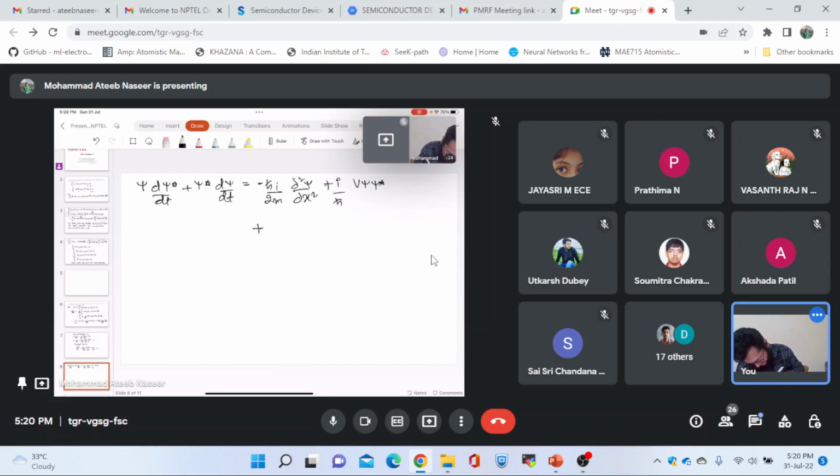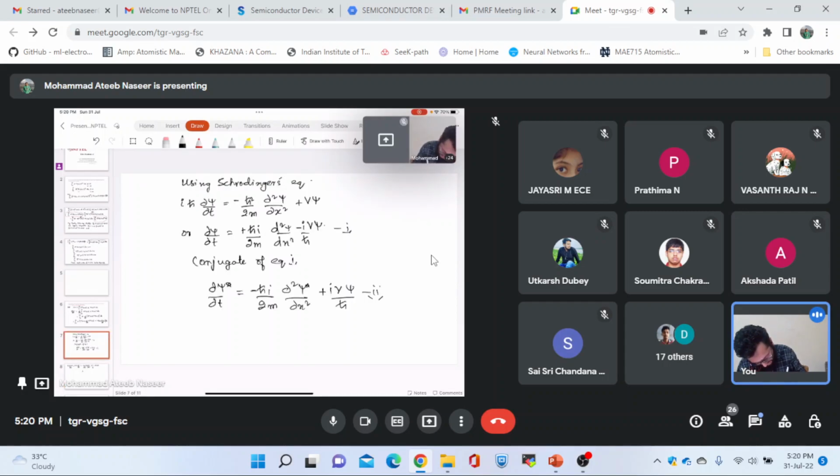Plus the other term, which should be ψ, since we are multiplying by ψ, it should be minus h bar iota ψ, and this is absolutely correct.